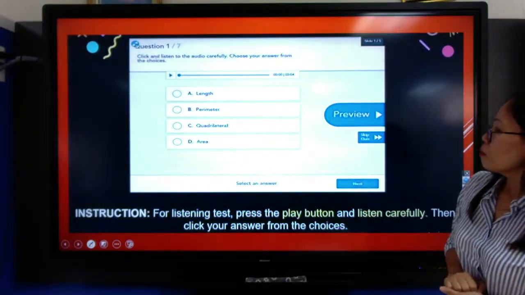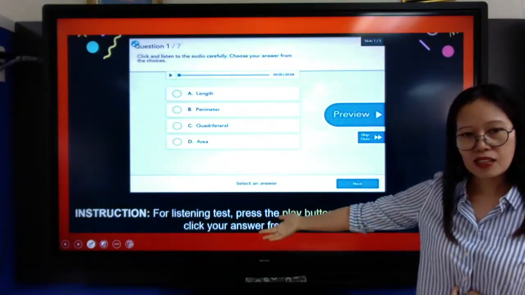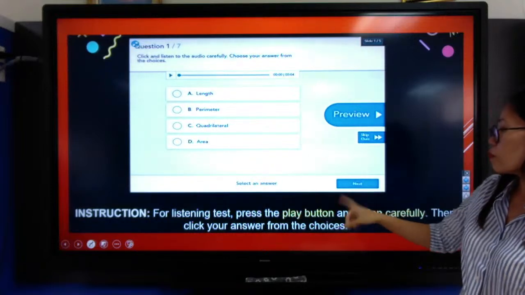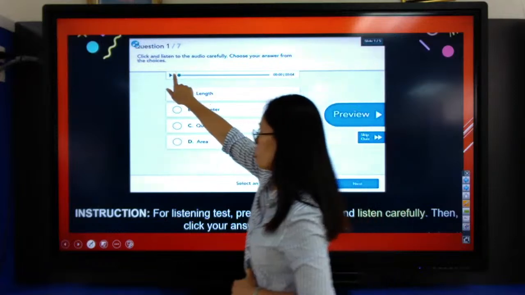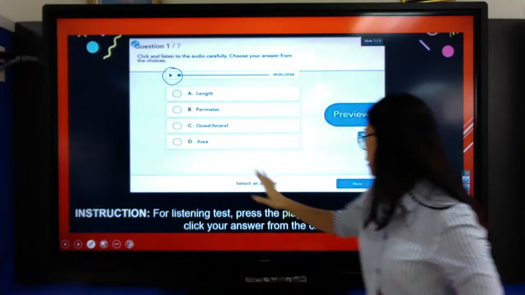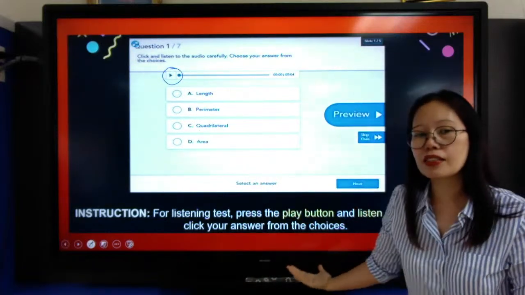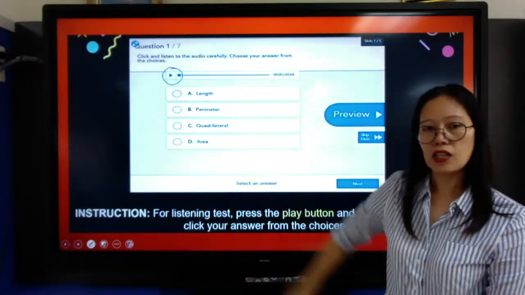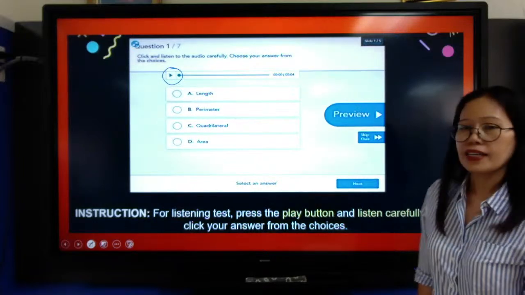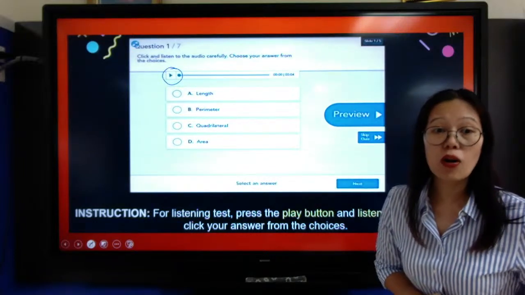This one is for the listening test. For the listening test, all you need to do is press the play button. You can see a play button here. And then listen, of course. You have to listen carefully. And then just click your answer from the choices. Listening test is all about vocabulary.